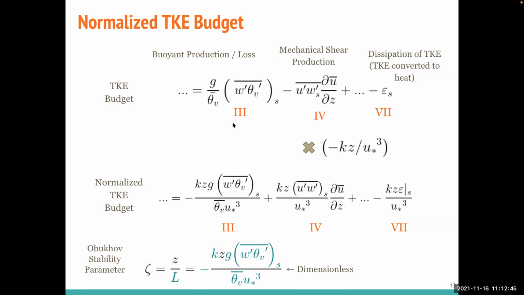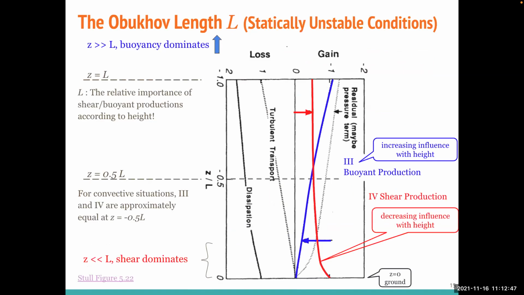We want to have the comparison according to the height. Okay, so that's one of the reasons, right? It's not just a simple comparison. We want to have the vertical profile of the relative importance here. So L here is very important. C here is very important.